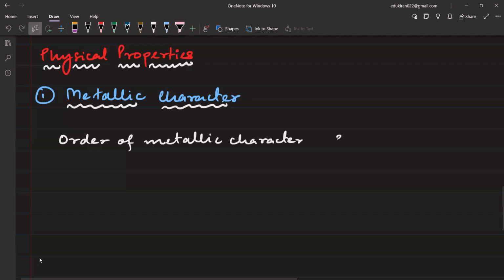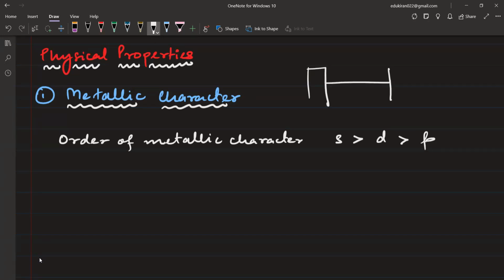S block elements have the highest metallic character, followed by the d, and then followed by the p block elements. As we are starting here, this is the highest metallic character, and the metallic character decreases as we go along a period like this. S has the highest, then d, and then the p block elements. Right, next.